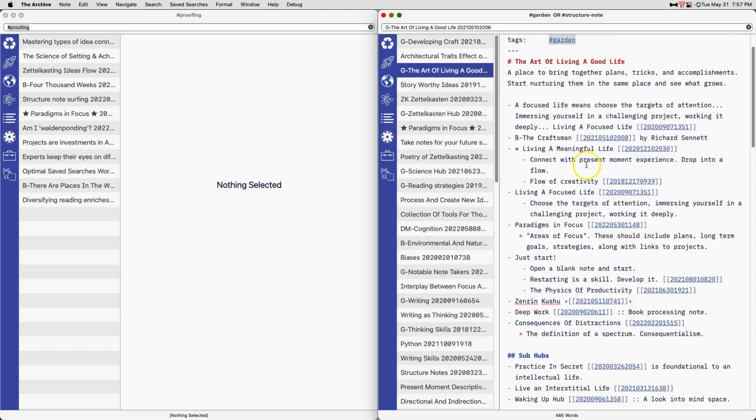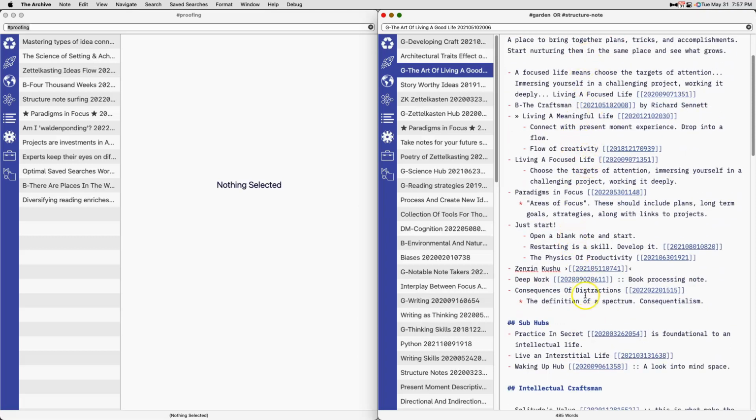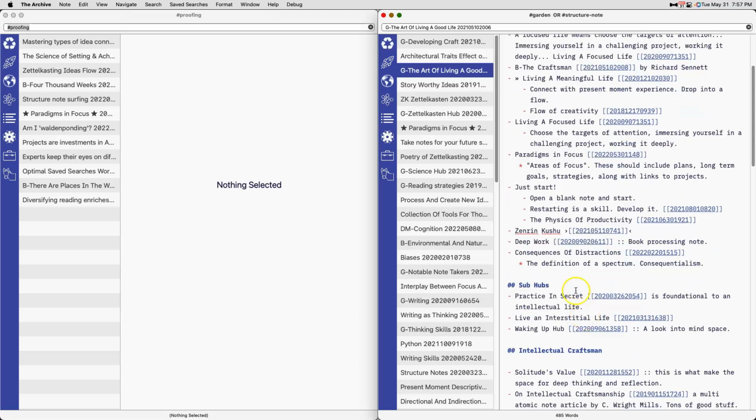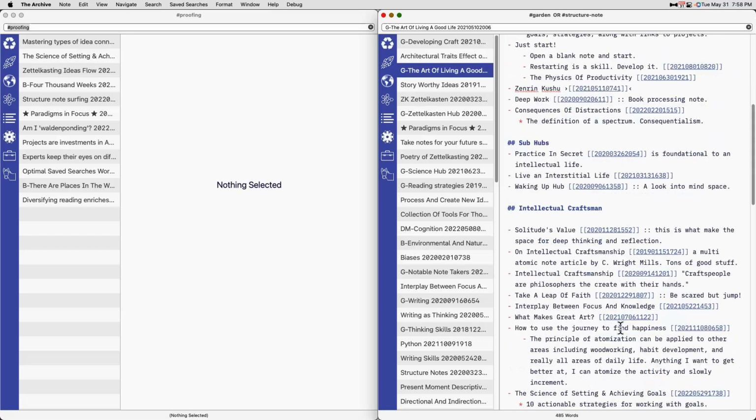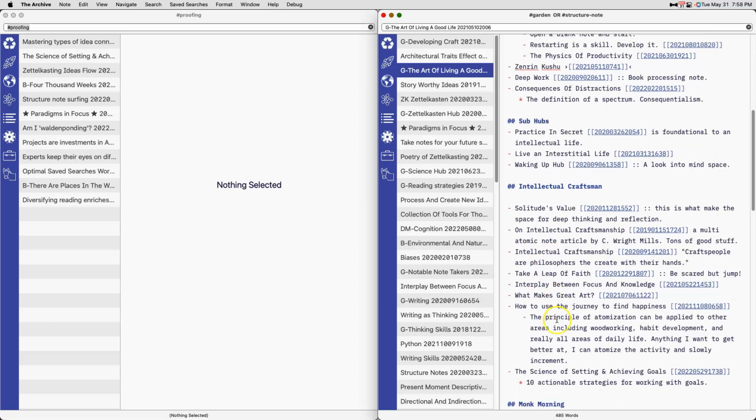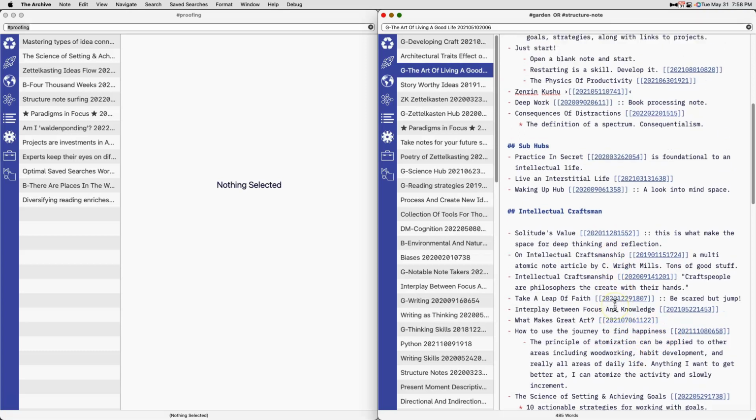So we have some structure here, and then we have more subhubs, and we have multiple structures. The links can be surrounded by various types of context that point to the particular link and why it is in this particular position.